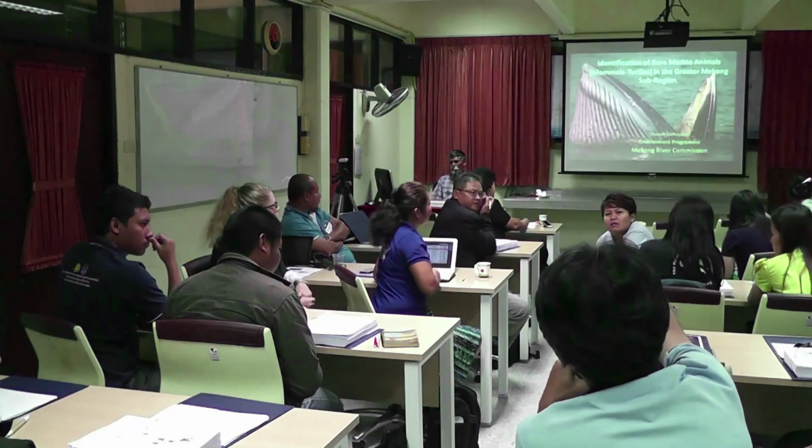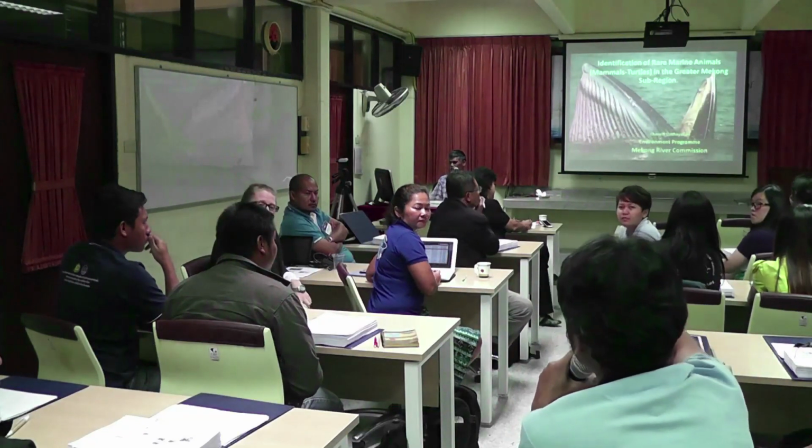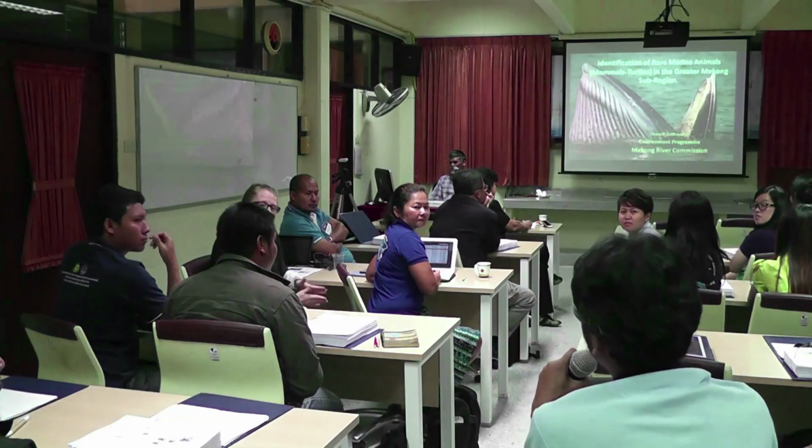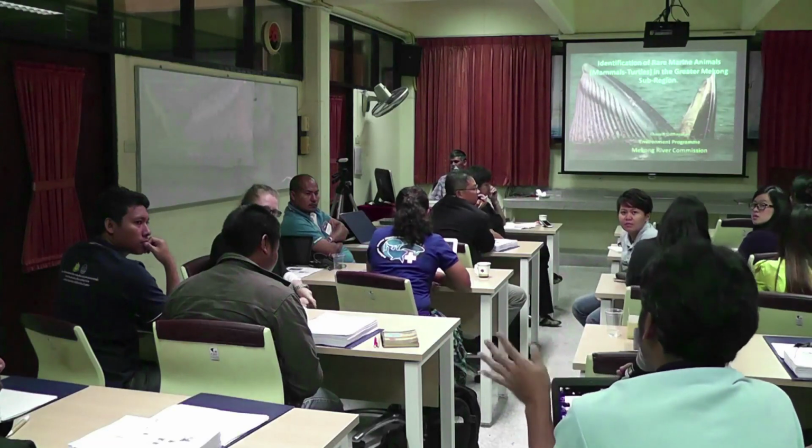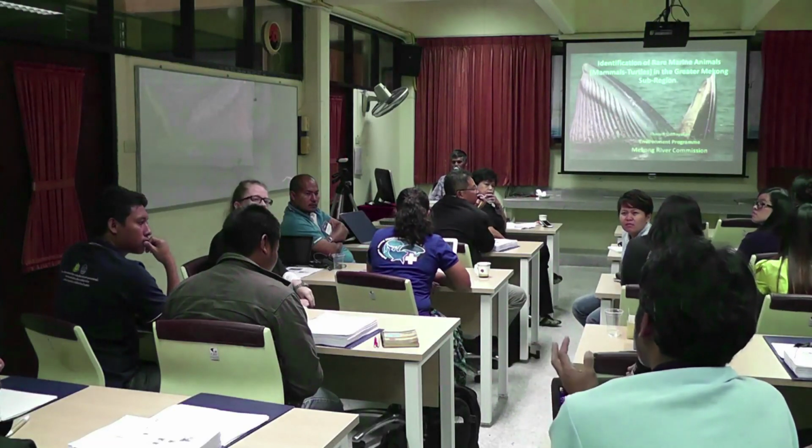For Bryde's whale, that you see in this picture, the right side and the left side of the lower jaw are similar in color, not different. Therefore, Omura's whale is different. Even in the younger one? Yeah.